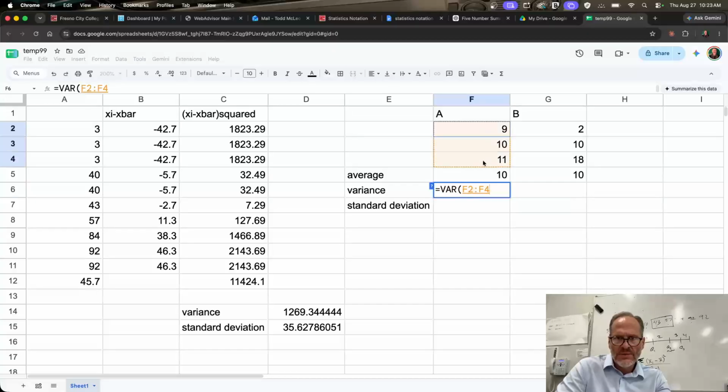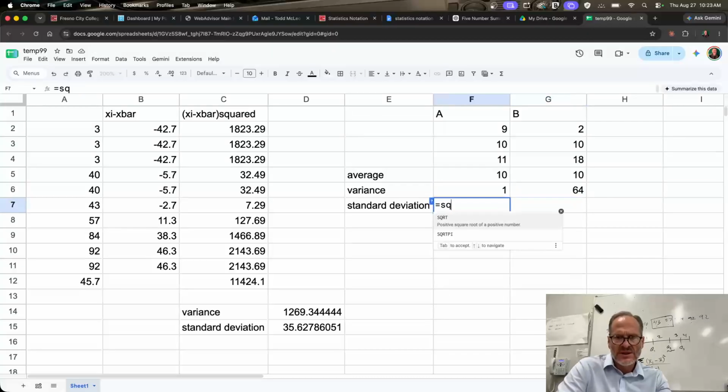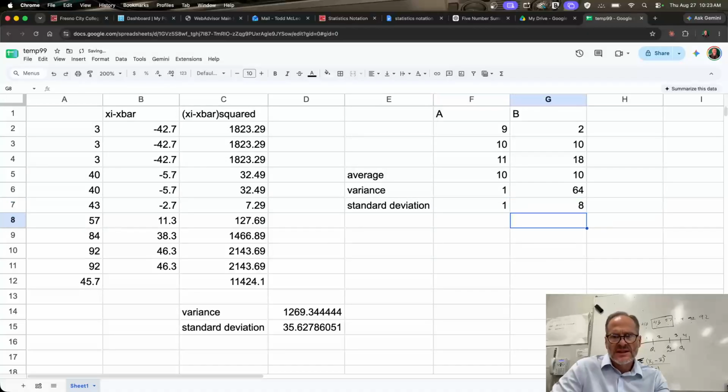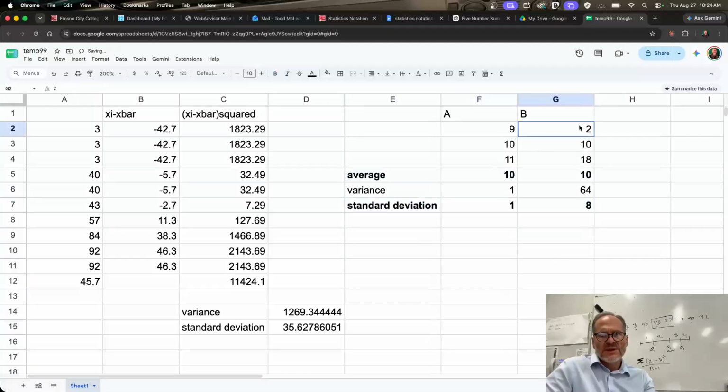Our variance is 1 and 64, and the square root of our variance gives us our standard deviation, right? So the averages are the same, but the standard deviation is 8. What's the difference between 2 and 10? What's the difference between 18 and 10? Right? So the standard amount that a point deviates from the mean is 8.